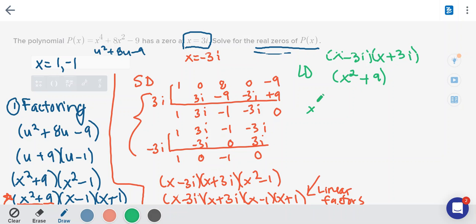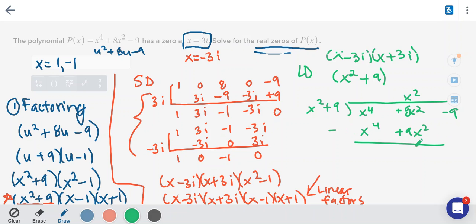And then, instead of doing synthetic division twice, you do long division once. Okay, so it's going to be x squared, subtract, bring down.